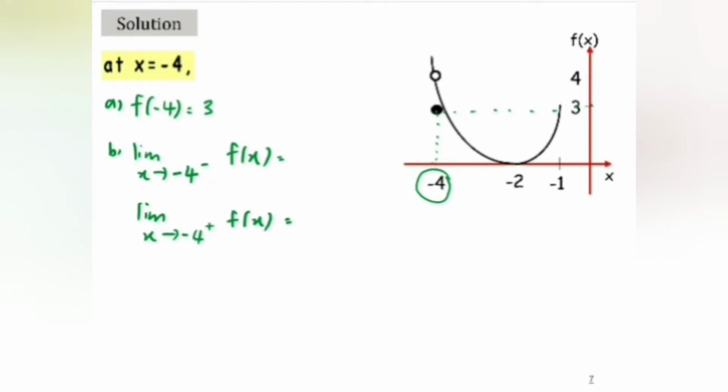If you refer to the graph, as x approaches -4 from the left, f(x) approaches 4.